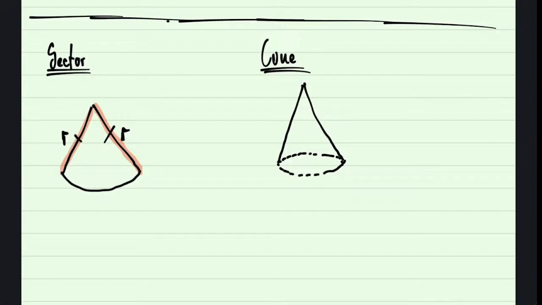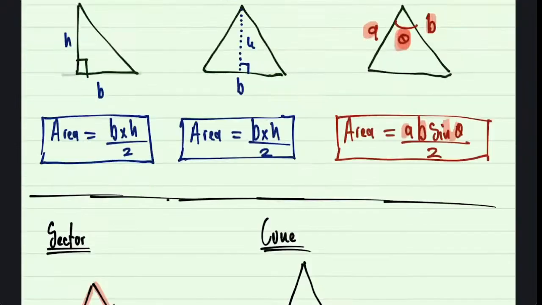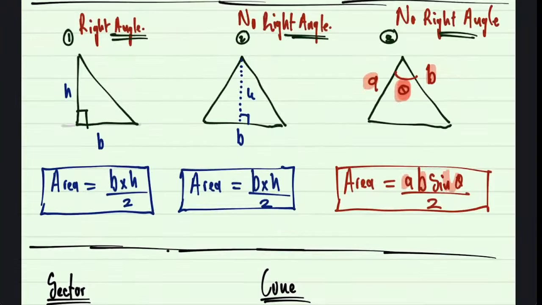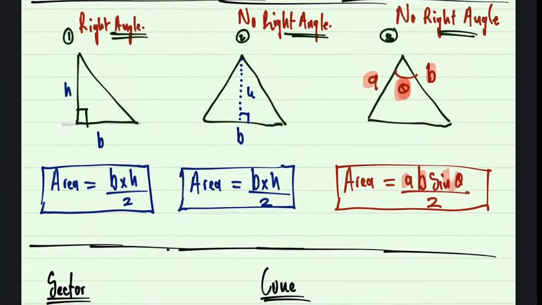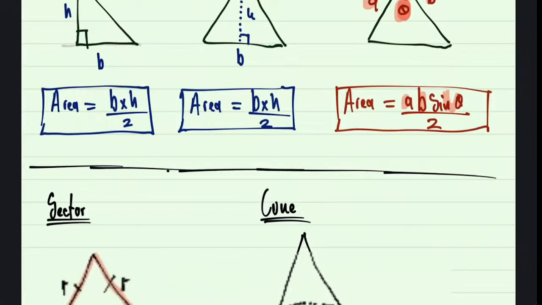We will be adding it to the three triangles that we must know. We have the three types of triangles that we must know: triangle number 1, triangle number 2, triangle number 3, and then we have sector and cone.